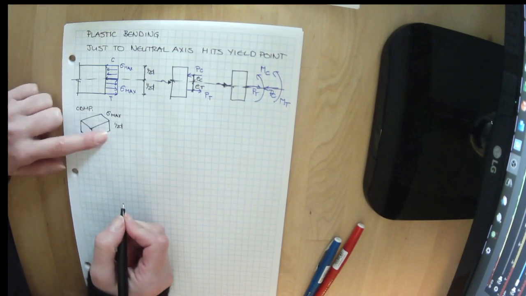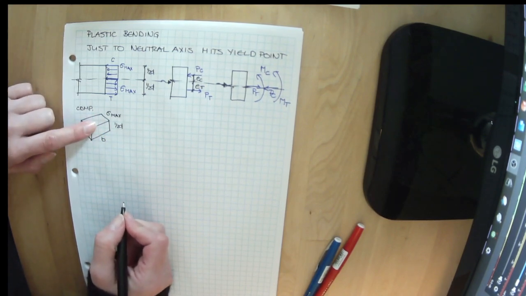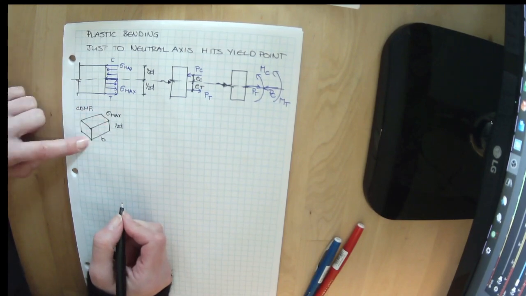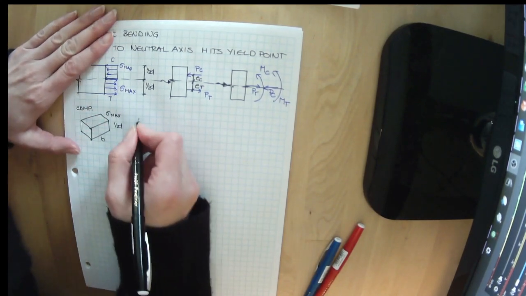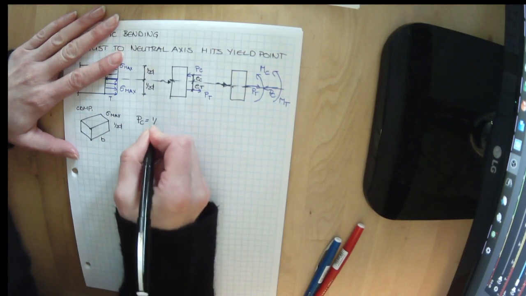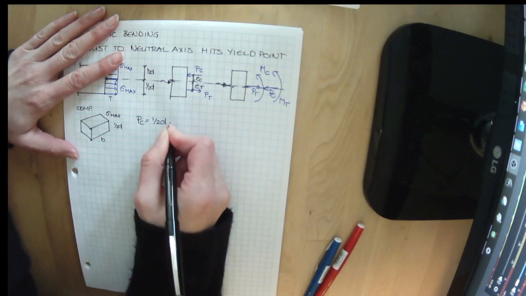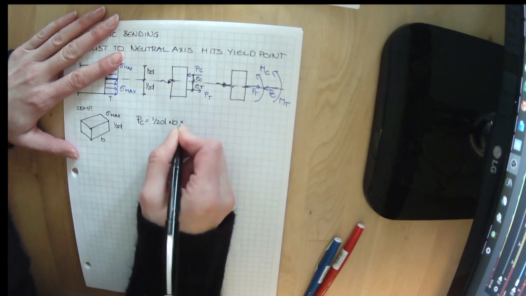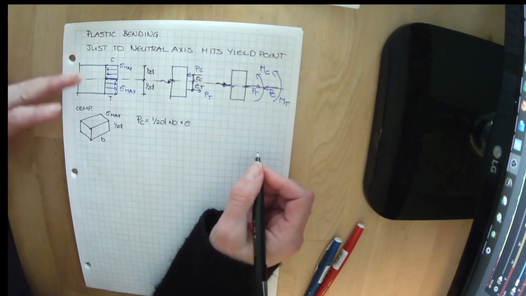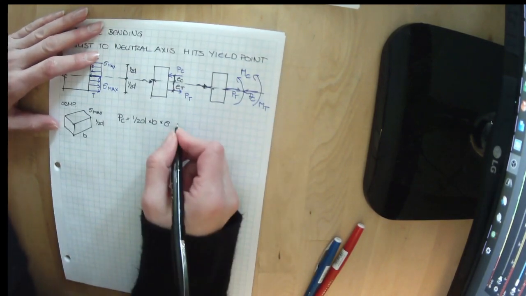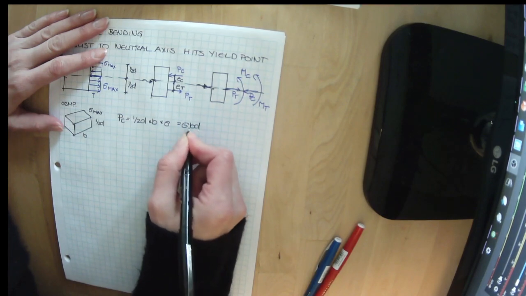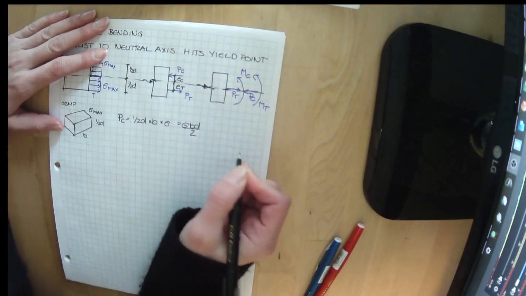This dimension is 1/2 D, and that dimension is B. So the total analogous point load here is our stress times our height times our length, or PC equals 1/2 D times B times stress. It's the total rectangle, so that's it. We've solved for that. Or we could say stress BD divided by 2.